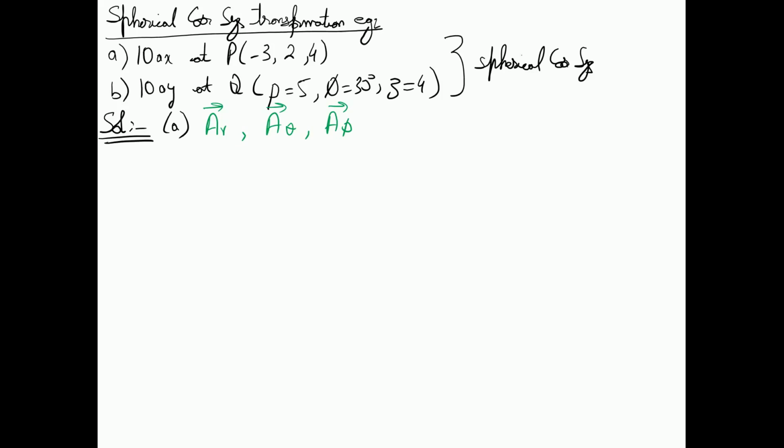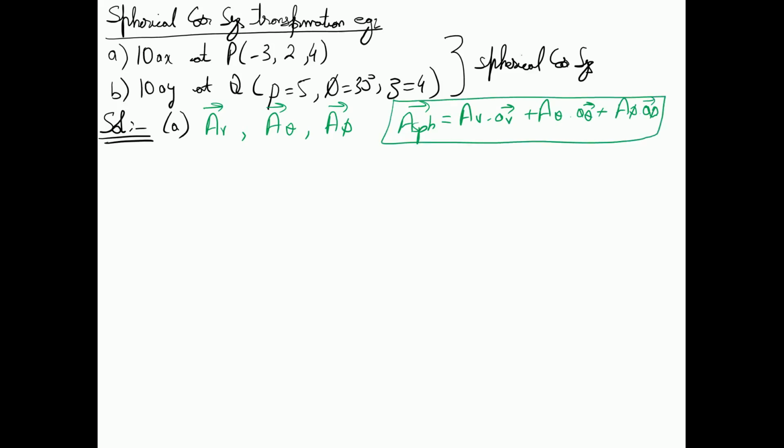Obviously we need to first write it with respect to the coordinate system. So basically our main equation is that A of spherical is going to be Ar with unit vector a of r plus A theta with unit vector a of theta plus A phi with unit vector a of phi. So this is our grand equation or the final equation where we want the answer to be. So let me call this our grand equation.